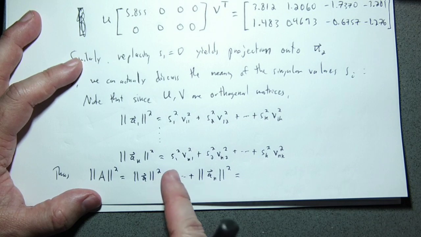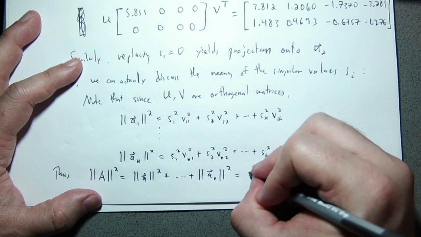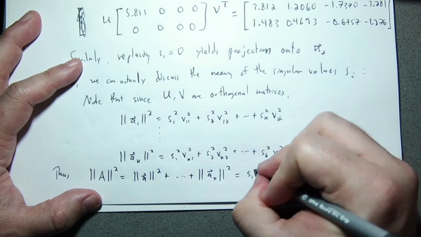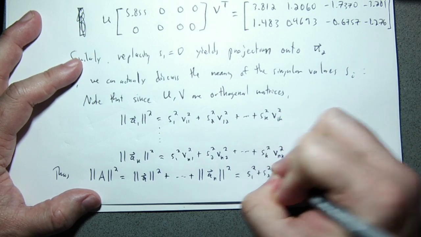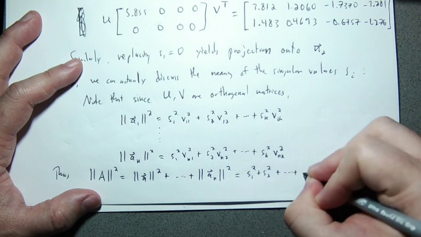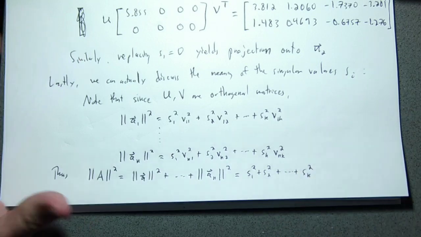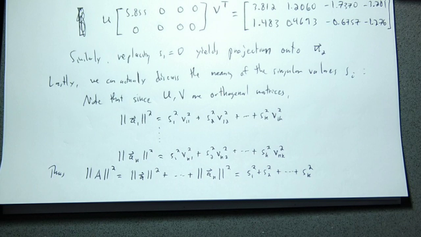This is actually just the sum of the S sub i's squared, the sum of the squares of all these singular values.